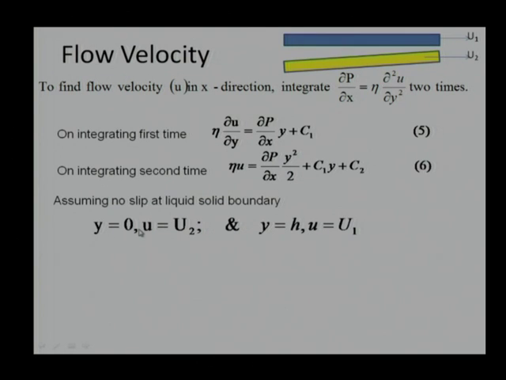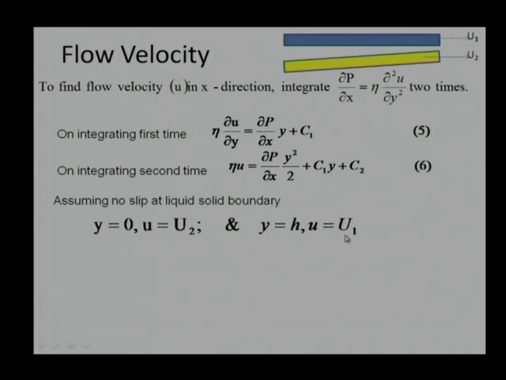When y is 0, that means somewhere at this point, velocity is equal to u 2. When y is equal to the film thickness, it can be in any cross section, y is equal to h, that time velocity is u 1.